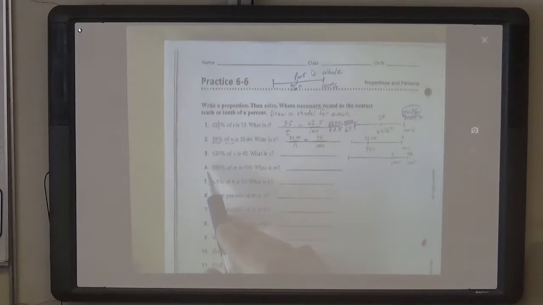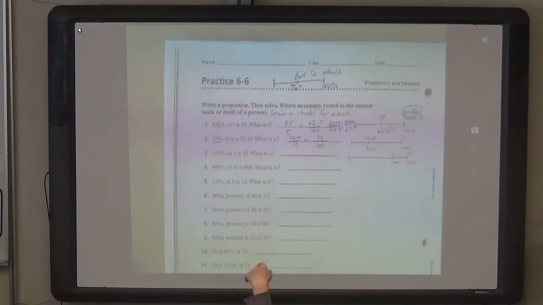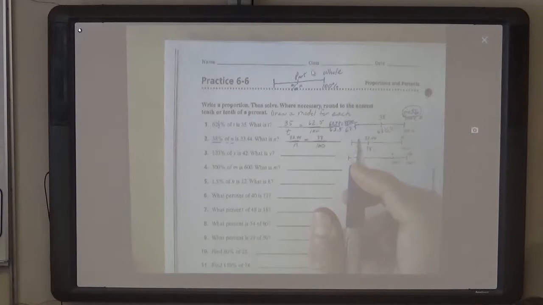You just do the same thing you've been doing the whole time. 300% and 600, so it's 600 over m, and then one would be 300 over 100. Yes, good.